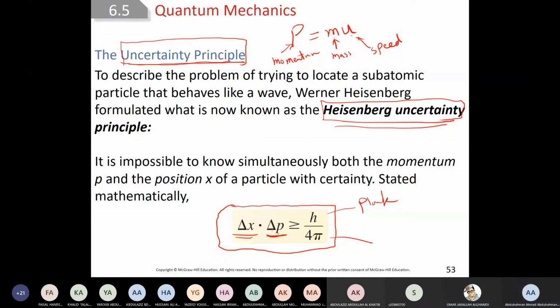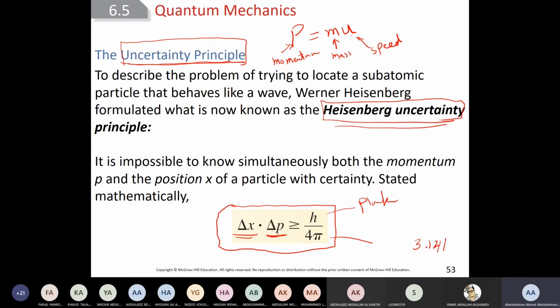What's pi? 3.14. 3.141, this is from the calculator.